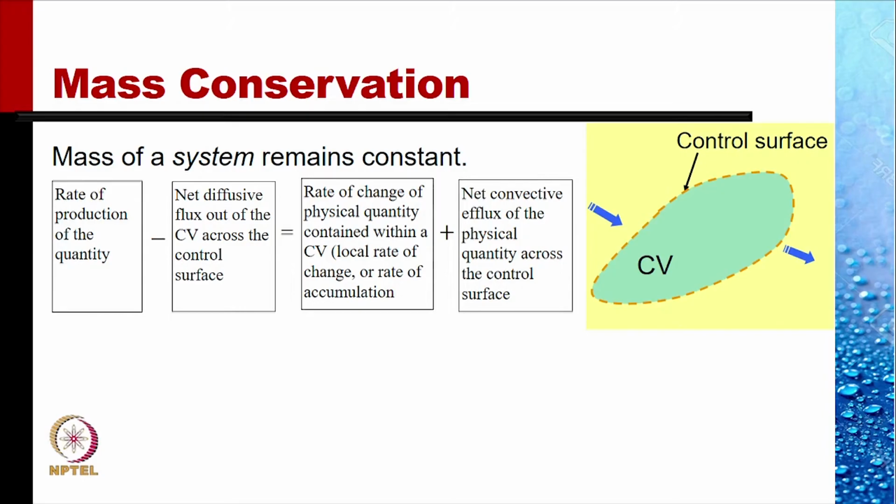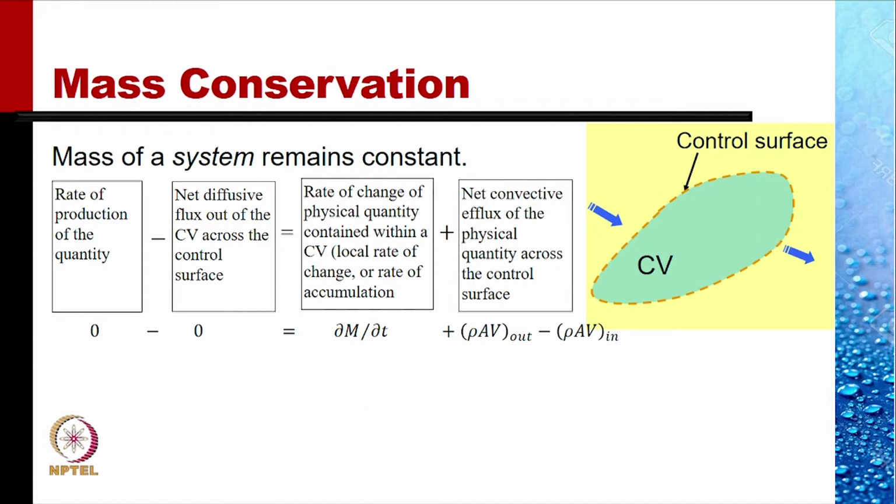When the property is mass, the rate of production of that quantity is obviously 0 if we rule out nuclear reactions. The diffusive flux in the case of mass is also 0, and the rate of change of the physical quantity contained within the control volume, which is the local rate of accumulation, is del m by del t.